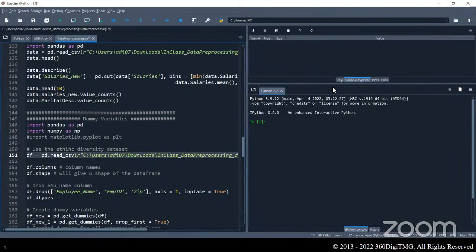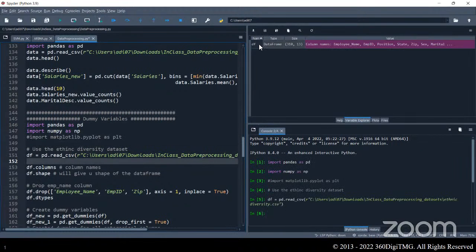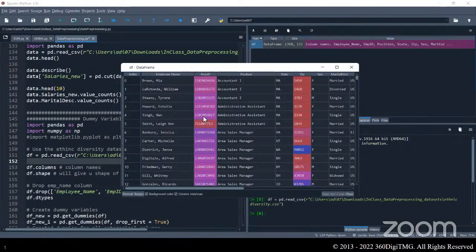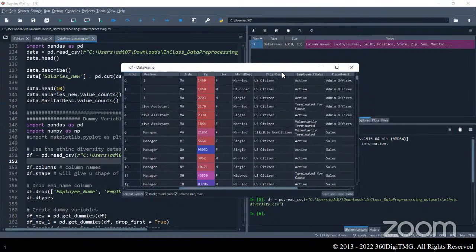All right. So we'll load our libraries and we'll load our data set. So dummy variables, like for example, we have account, position, state, sex, marital status, citizen description, employment status. These are all categorical values.